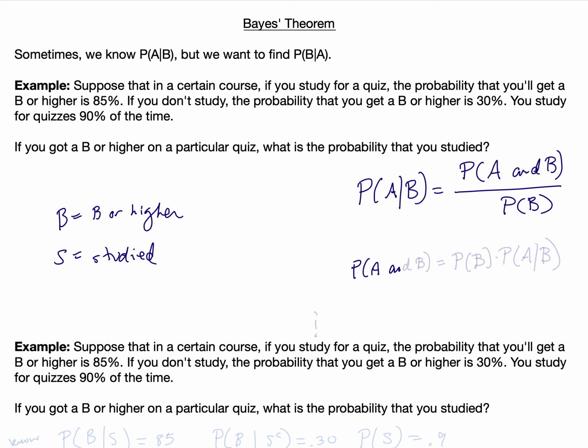The probability that A occurs and B also occurs is equal to, we can do it in either order, the probability of B happening times the probability that A happens given that B occurred. Then we just take that equation and divide both sides by the probability of B. So really everything follows from the multiplication rule.